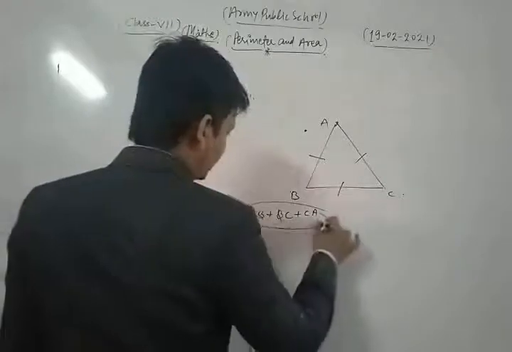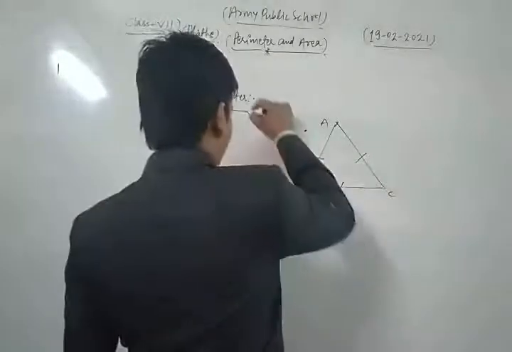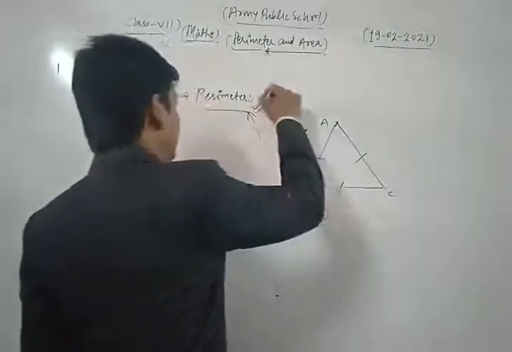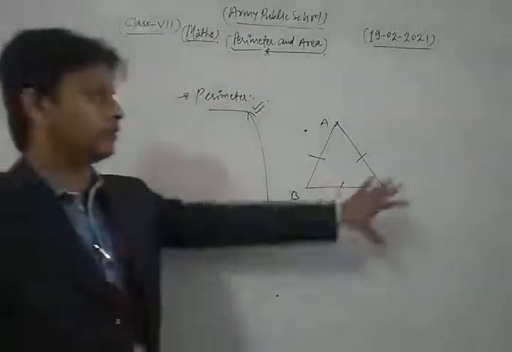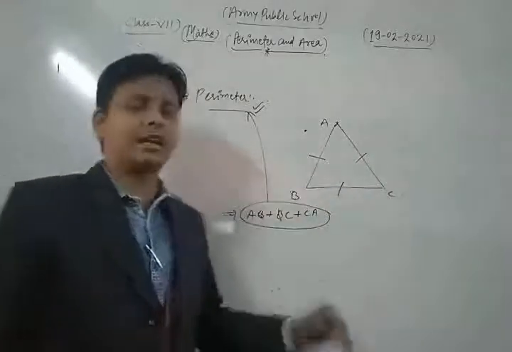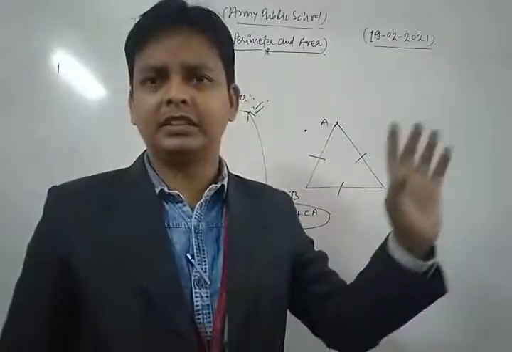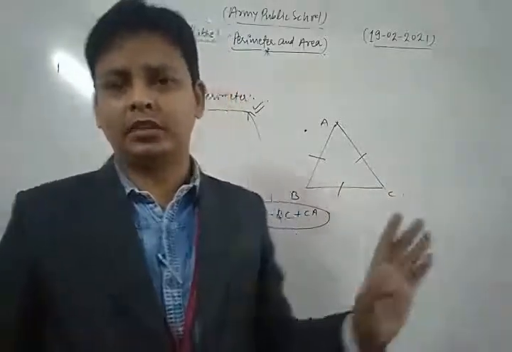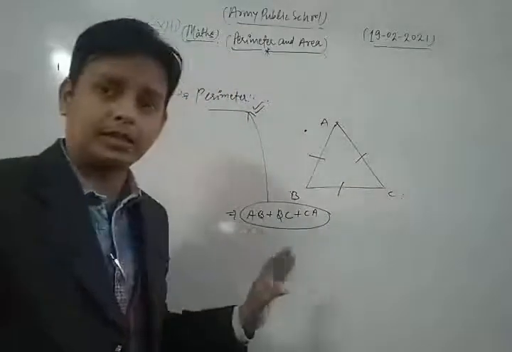The sum of all sides of any geometrical figure is known as perimeter, like a triangle or a rectangle.